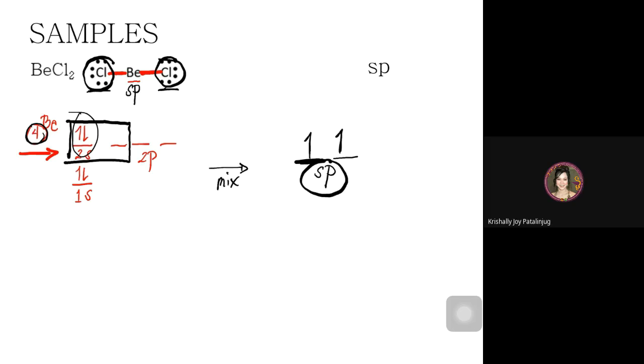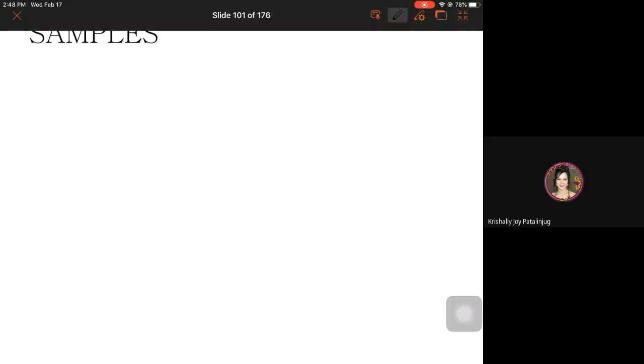Okay, the same happens with the molecule of boron trifluoride. So, ganun lang din. If you recall the distribution of electrons for the isolated atom of boron, di ba? Meron siyang 5 total electrons yung boron.